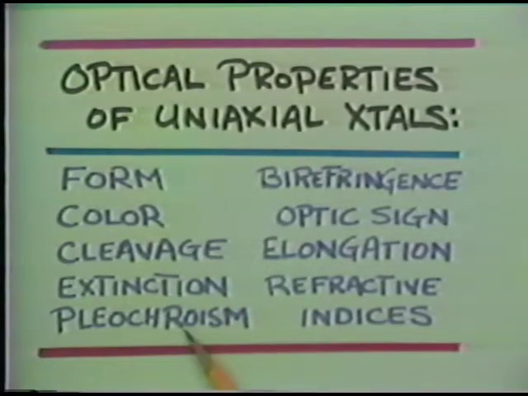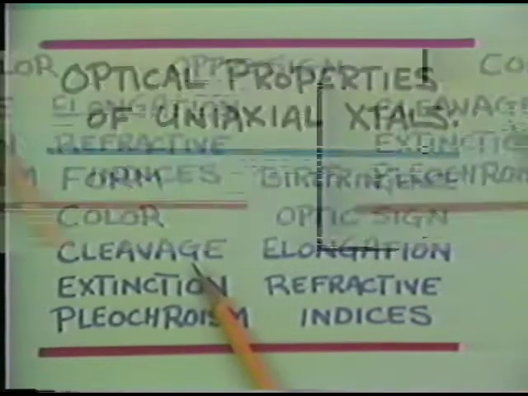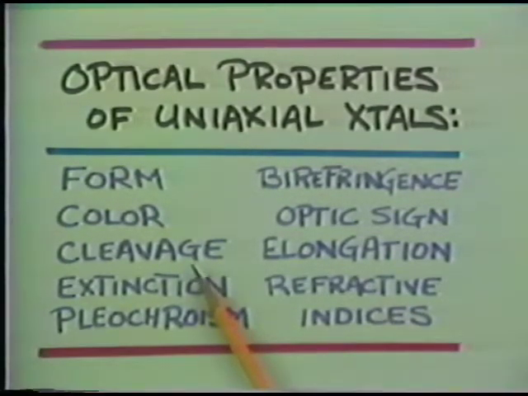Others have a pleochroism, which is a change of color depending on the differential absorption due to the different vibration directions of the crystal. Cleavage can be important. There are various kinds of cleavage, pinacoidal cleavage, rhombohedral cleavage that can apply to uniaxial crystals.